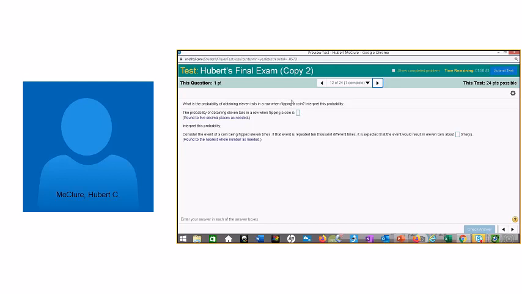That would be chapter 4 or 5. That's a pretty simple question. It's going to be about 0, because you're not going to flip a coin 11 times and get tails on each one. That's going to be about 0.